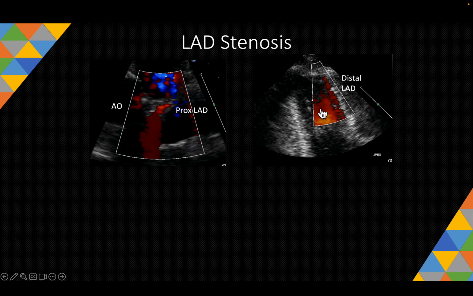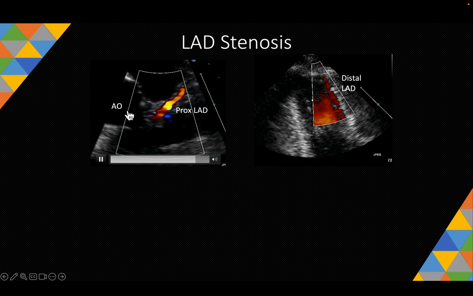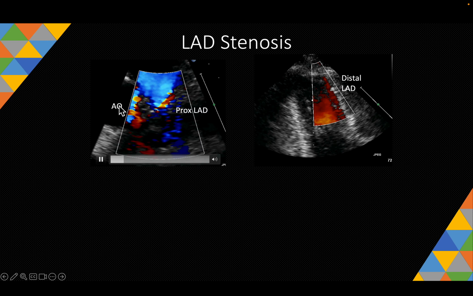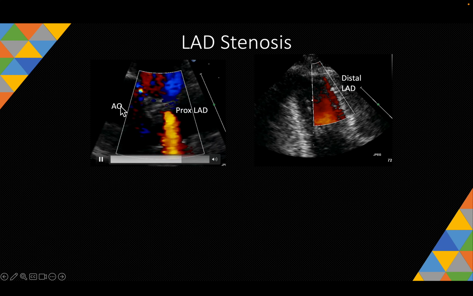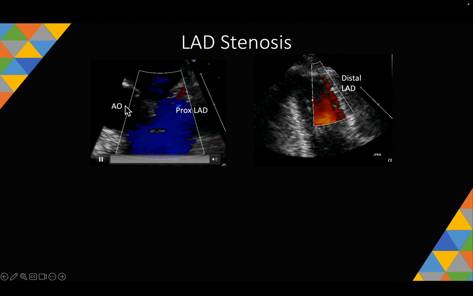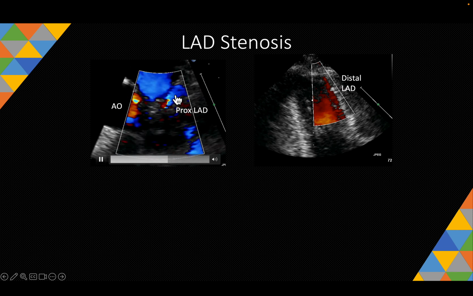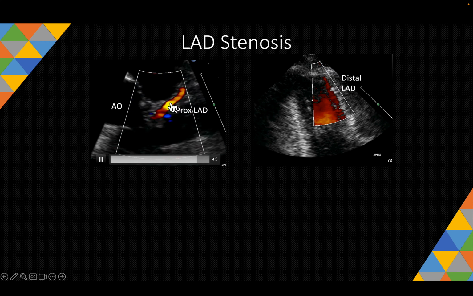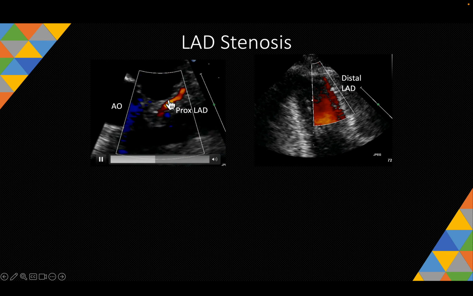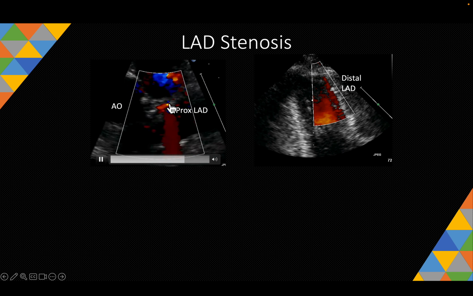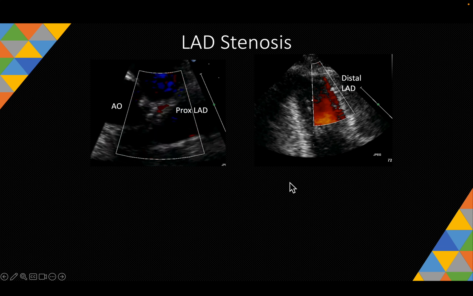Now LAD stenosis. You can see in this patient there is an irregularity. This is again the parasternal short axis view at the aortic level, which is slightly angled up. You don't see the aortic valve because the probe is tilted a little cranially, and here you see an irregular left coronary artery, that's the left main, and at the origin of the LAD, the left anterior descending, you see aliasing here, a bit of dilatation, and then a narrowing in this pattern.